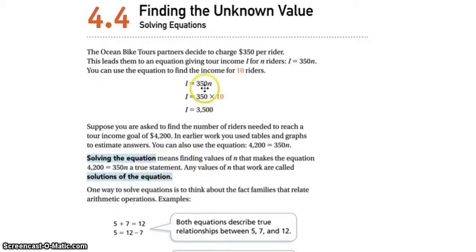So solving the equation here would mean that we are finding values of n that would make that a true statement. Any value for n that works is called a solution of the equation. So there's a difference between solving and solutions. Solutions are what the variable equals. Solving would be finding the value of the variable.